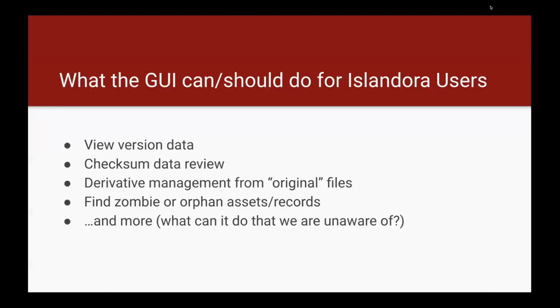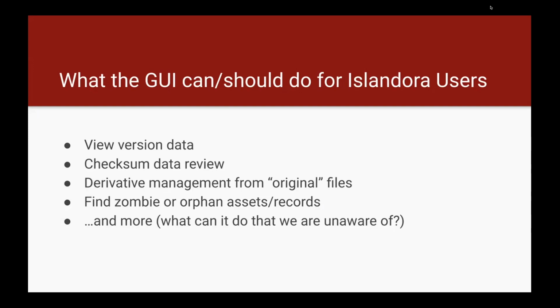Okay, so to start, what we can or should do for Islandora users, things that some of us already do, or some things that folks wish they could do but they're not quite sure how, include viewing the versioning data. That's something that I know we use at Vassar. We love being able to see the various versions of our records.